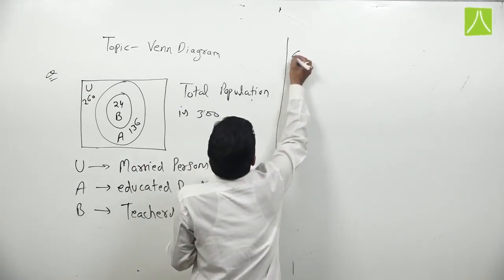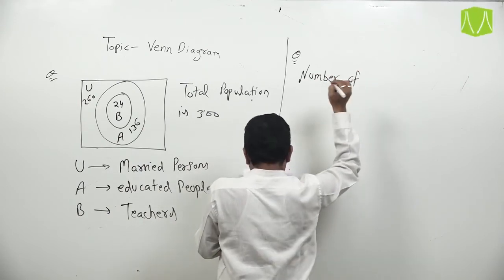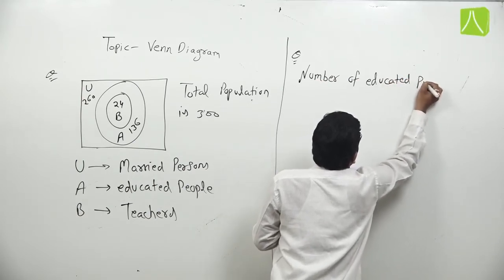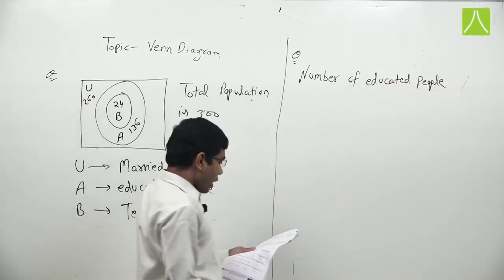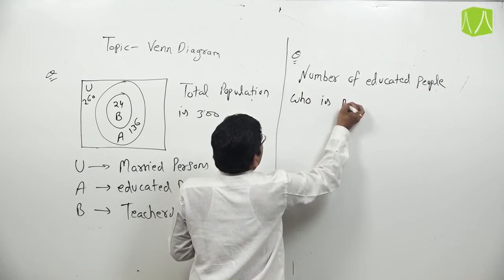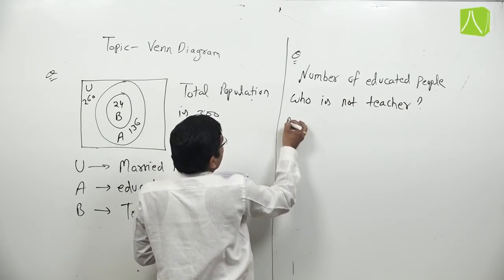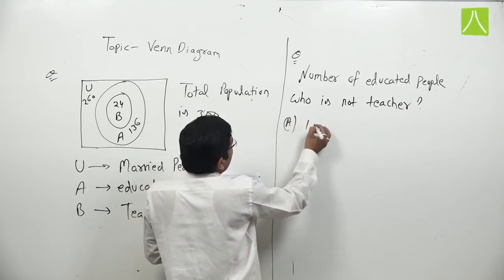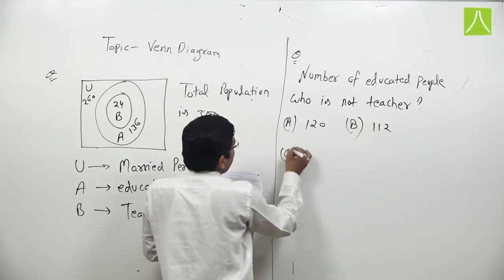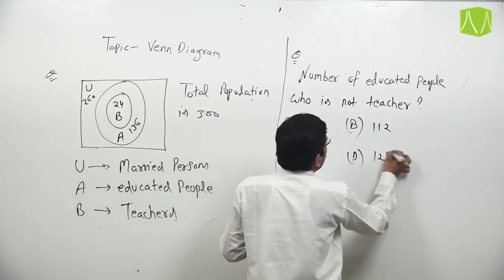Now one more question is asked on the basis of the given diagram. Suppose the question is the number of educated pupil who is not a teacher. A option is 120, B option is 112, C option is 124 and D option is 125.